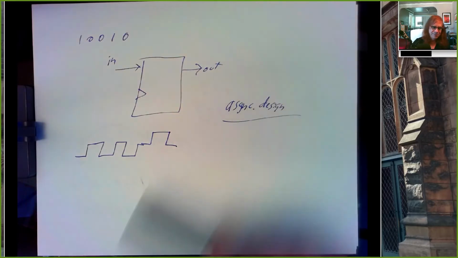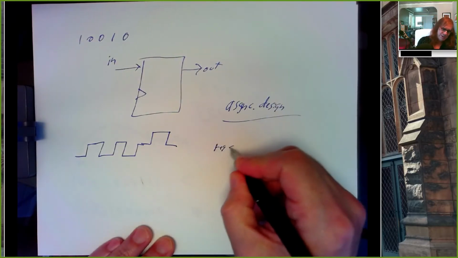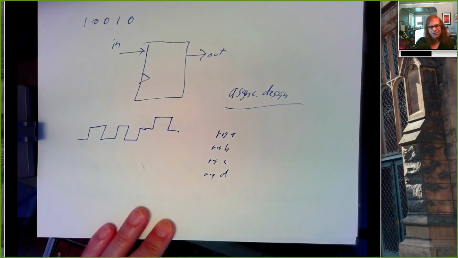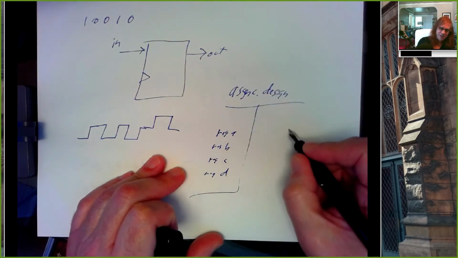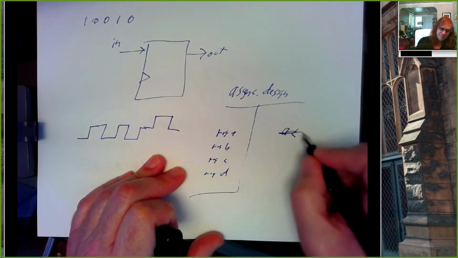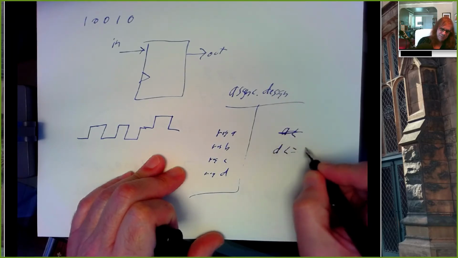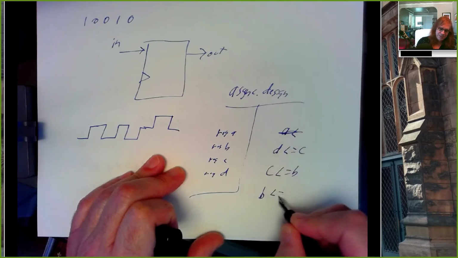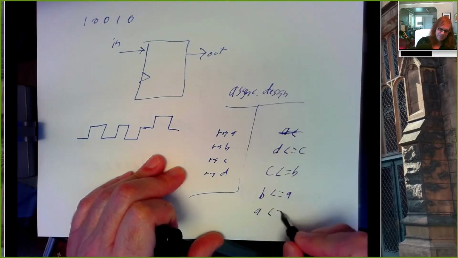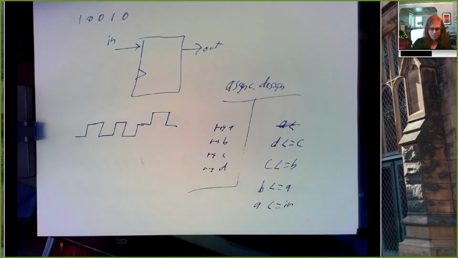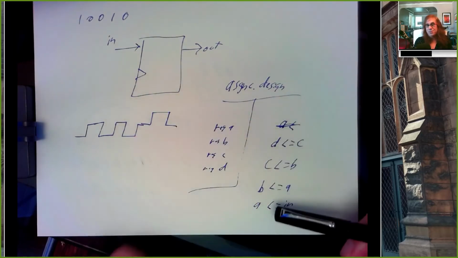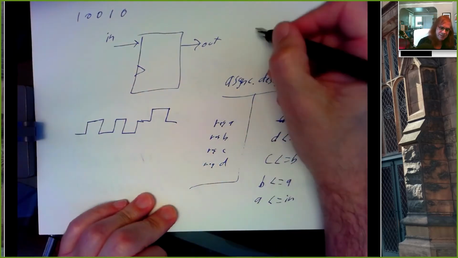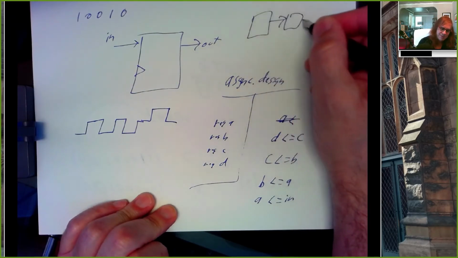We're just going to have register A, register B, register C, register D. And we can do this thing we did on Tuesday where on the clock tick, copy C into D, copy B into C, copy A into B, copy A from the input. And these are the flip-flops. This is having the effect of one flip-flop feeding another.